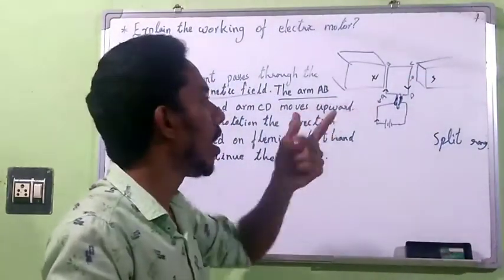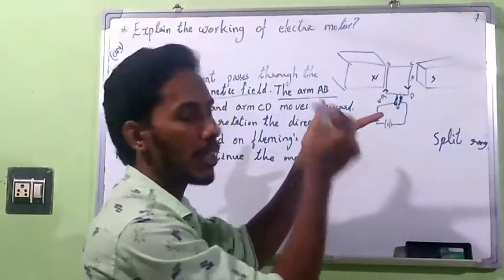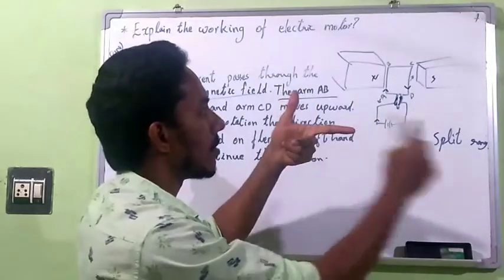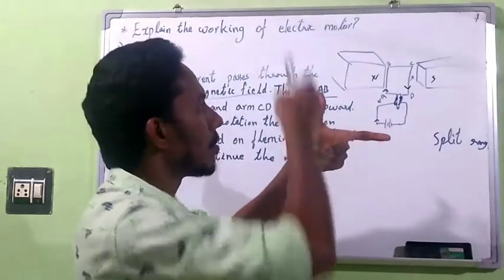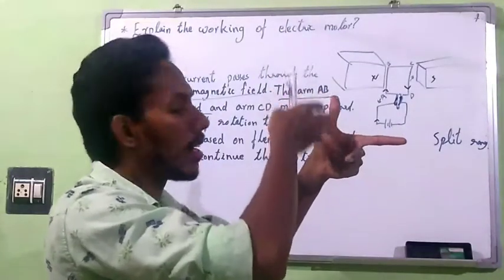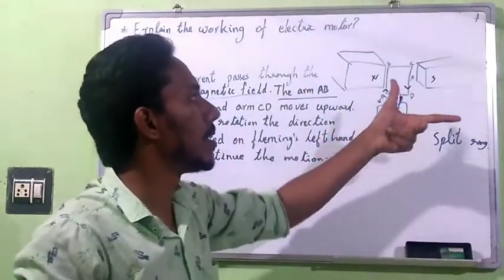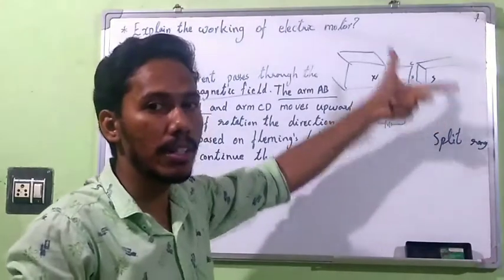The magnetic field is from north to south, and the force will be in the direction of the thumb, that is upward.